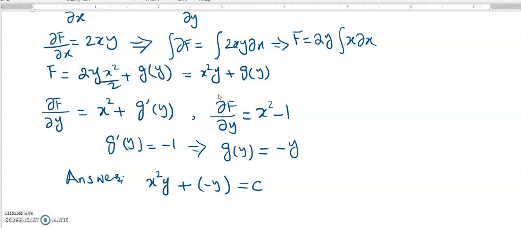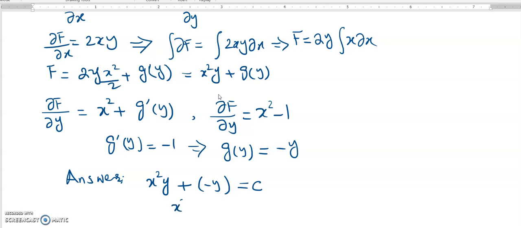If we were integrating over here, there would also be constants, with a constant on that side as well. So by the procedure of this method, the function will be equal to a constant.